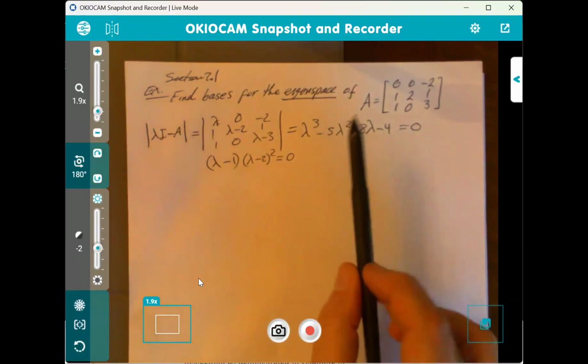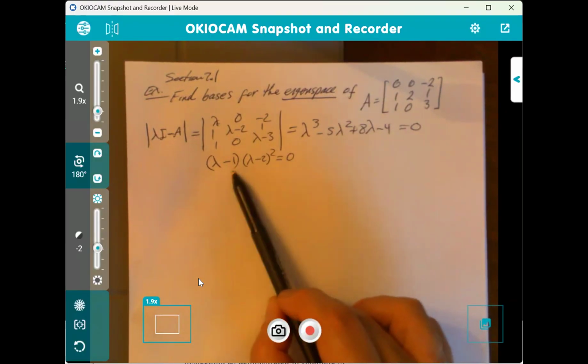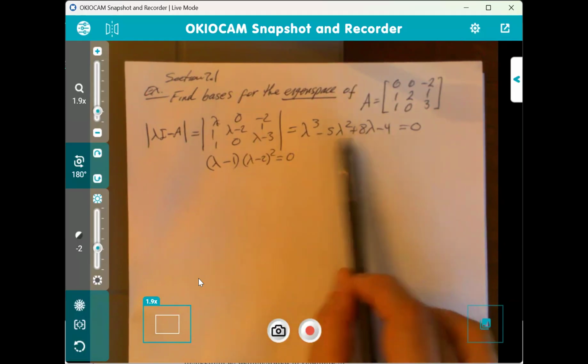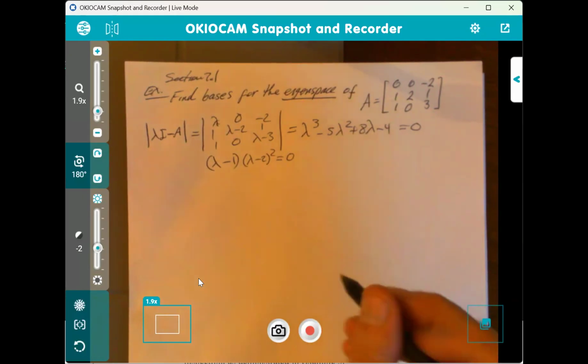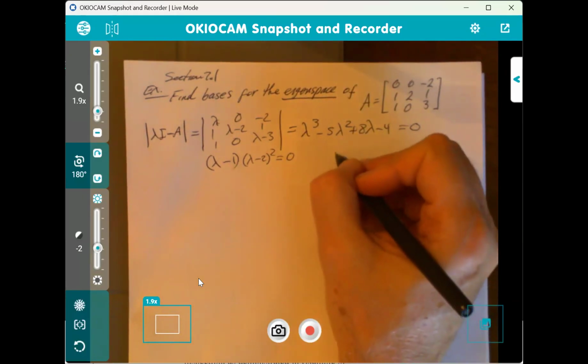Now you may ask, how did you get this, right? Because I didn't factor by grouping on this one. So what I did is I actually used the rational zero theorem. Remember the rational zero theorem.